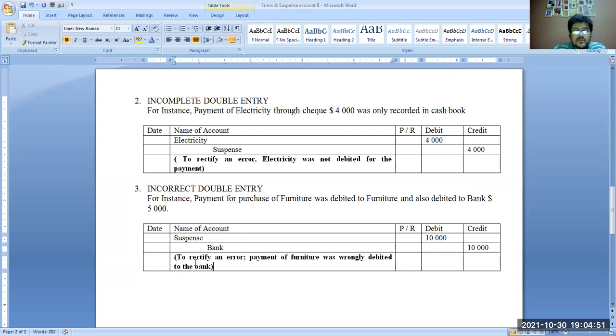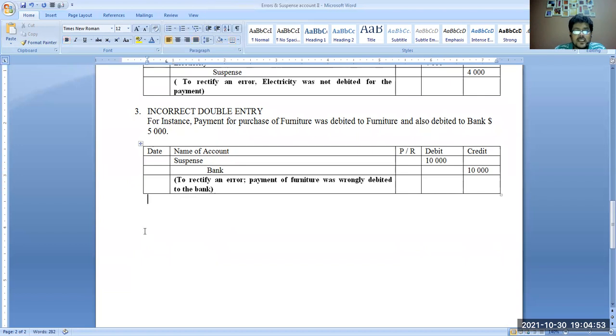Okay. Incorrect double entry. Now the last error of today is transcription error.